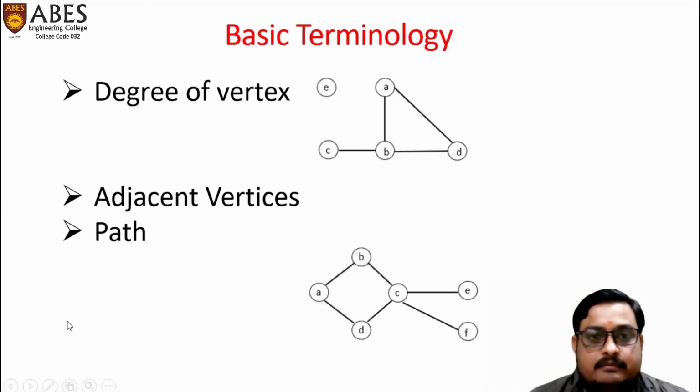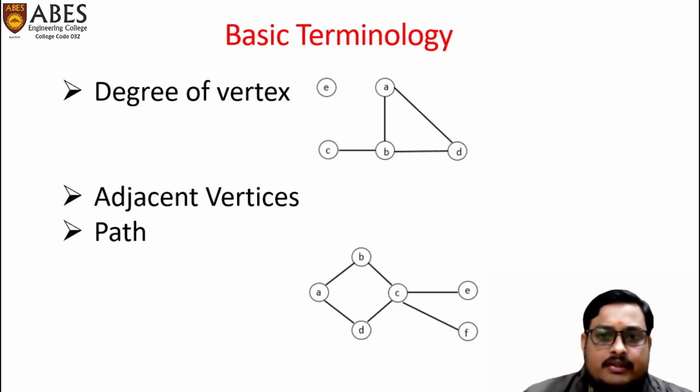Okay. So here are some basic terminology used in the graph, like the degree of a vertex. So what is the degree of a vertex? The number of connections to the vertex is known as the degree of the vertex. So here we have A, B, C, D, and E as the vertices.